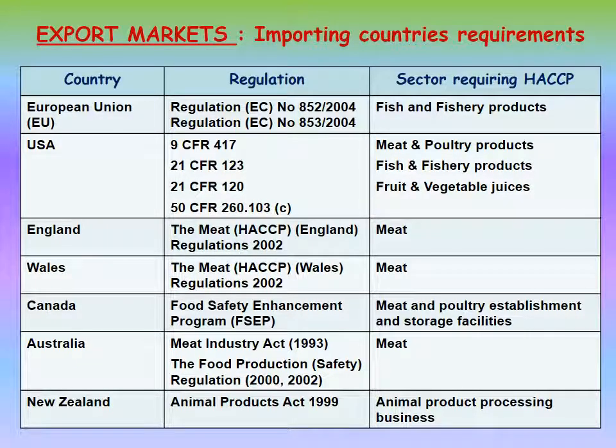And for New Zealand, the regulation is the Animal Product Act, and the sector requiring HACCP is animal product processing businesses.